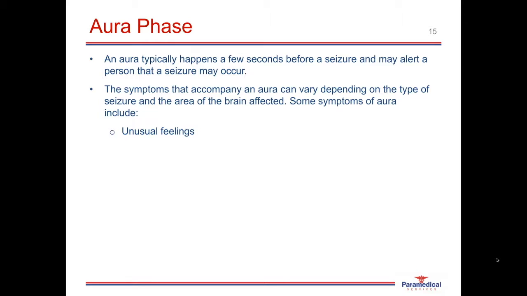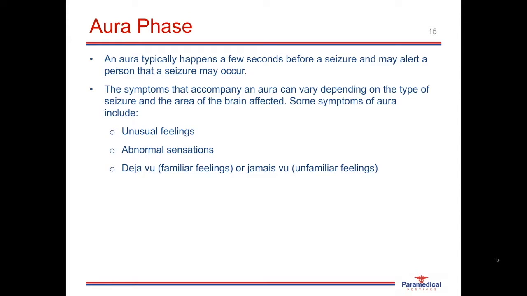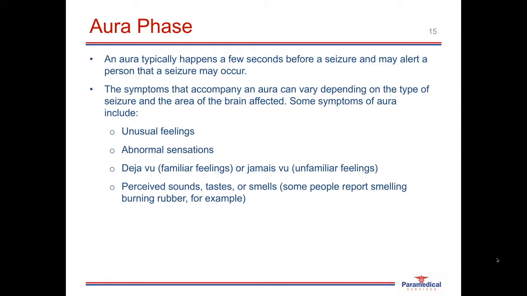Signs and symptoms of an aura include things such as unusual feelings or abnormal sensations, such as a déjà vu, which means familiar feeling, or a jamais vu, meaning an unfamiliar feeling or something they've never experienced before. There can be strange sounds, tastes, or smells that the person is experiencing. So some people might get a visual disturbance, see something that isn't there, or they'll smell something that's not there, or taste something that's not there.